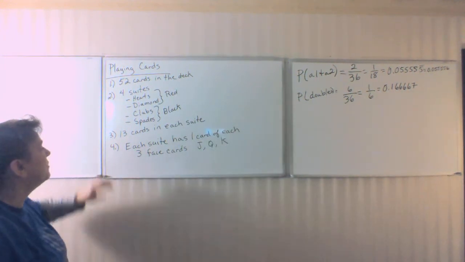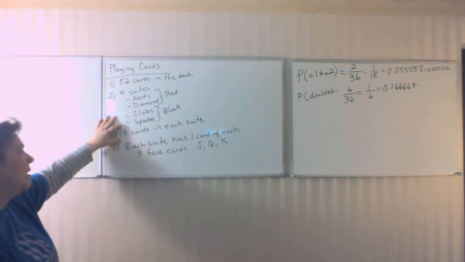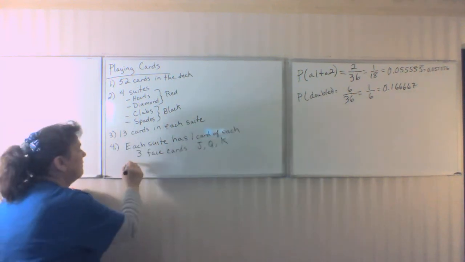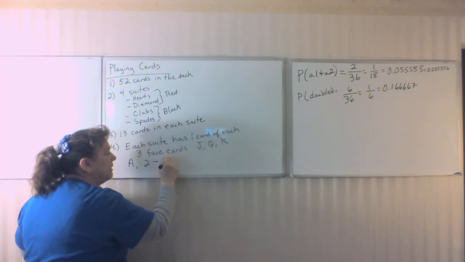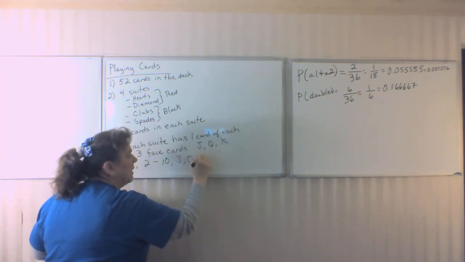So, in a suit of 13 cards, you have 9 cards with numbers. You have an A for an ace, which is the number 1, and then you have 3 face cards. So we have an ace, then you have the numbers 2 through 10, and then you have Jack, Queen, King.